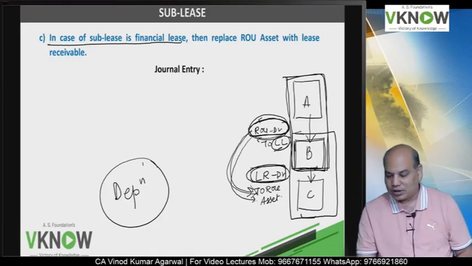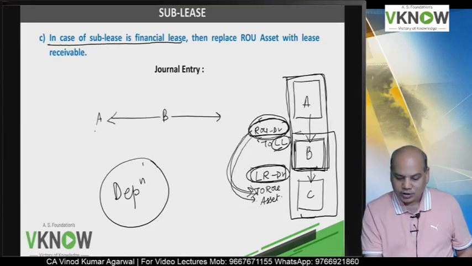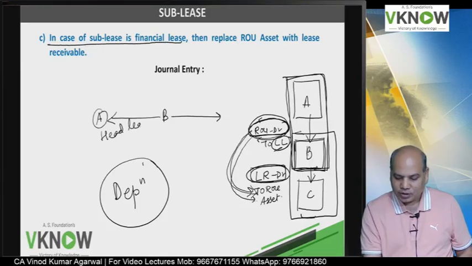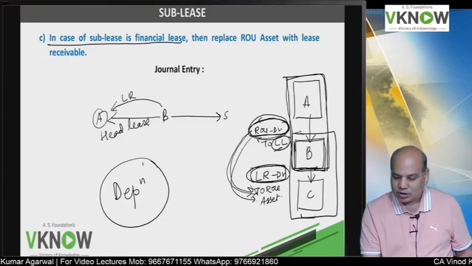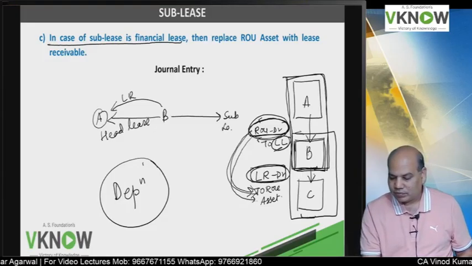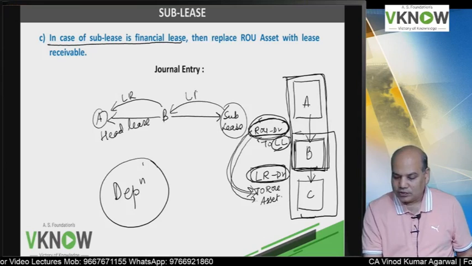Now what is the status? B has got two relationships. One is with respect to A, which is head lease. So it has an obligation to pay lease rental here, and it has a sub-lessee here, so it has a right to receive lease rental.